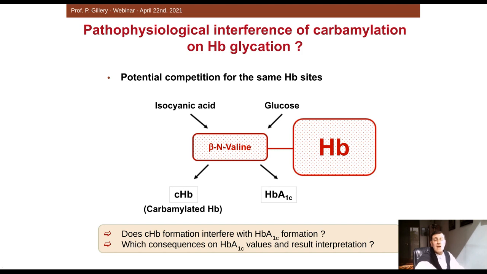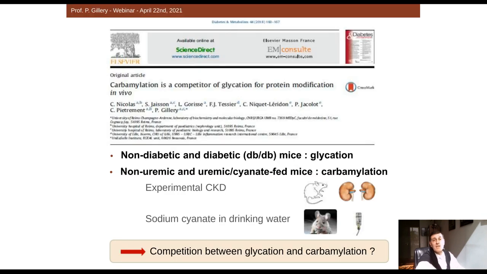Both isocyanic acid and glucose are able to bind to the beta N-terminal valine, giving either carbamylated hemoglobin or HbA1c. So does carbamylated hemoglobin formation interfere with HbA1c formation, and what are the consequences on HbA1c values and result interpretation?